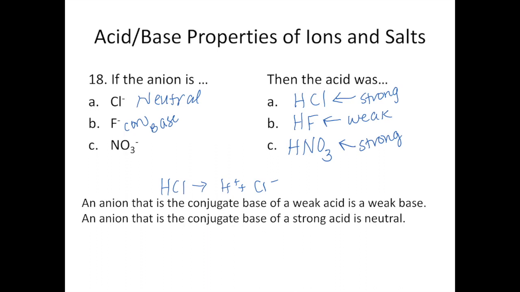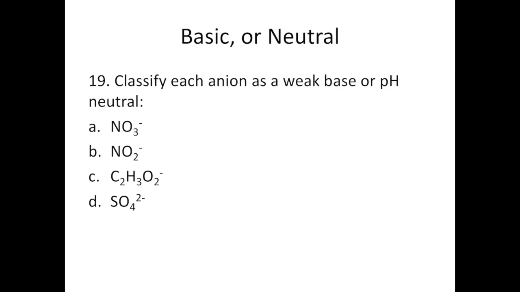HNO3 is strong, which means that this is going to be neutral. Okay. So we get to classify each anion as a weak base or pH neutral. So this one we know came from HNO3, which is strong, so it's pH neutral.